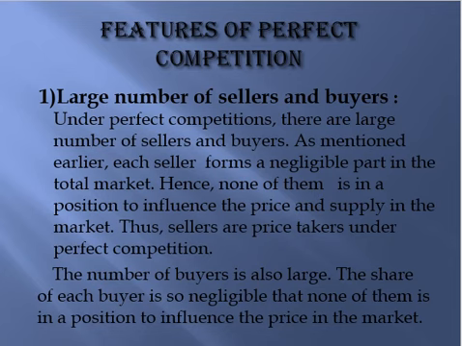Under perfect competition, there are large number of sellers as well as buyers, and each seller has a minimal part in the total market, and hence none of them is in a position to influence the price as well as the supply.